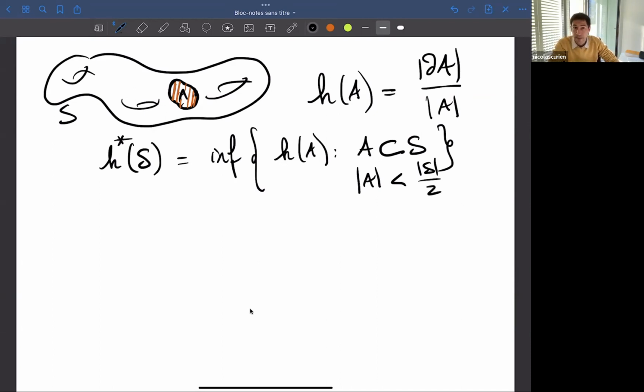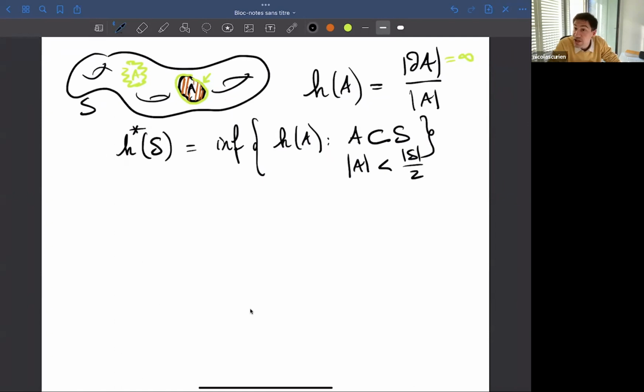Same definition. But notice a fact that is very different and annoying, very different from the graph case, is that here there is no upper bound on the size of the boundary of A. The boundary of A may be fractal. If you take A like that, then this could be infinite. Why not?